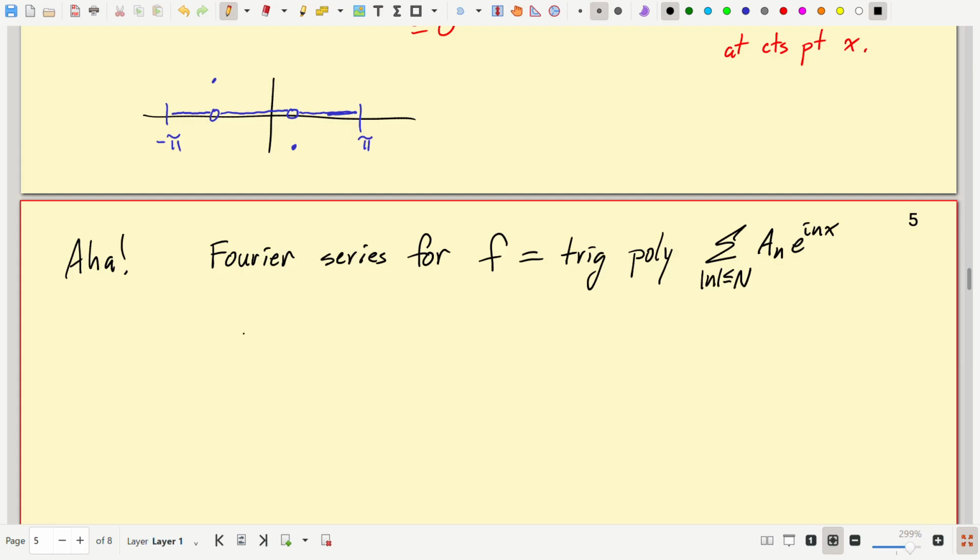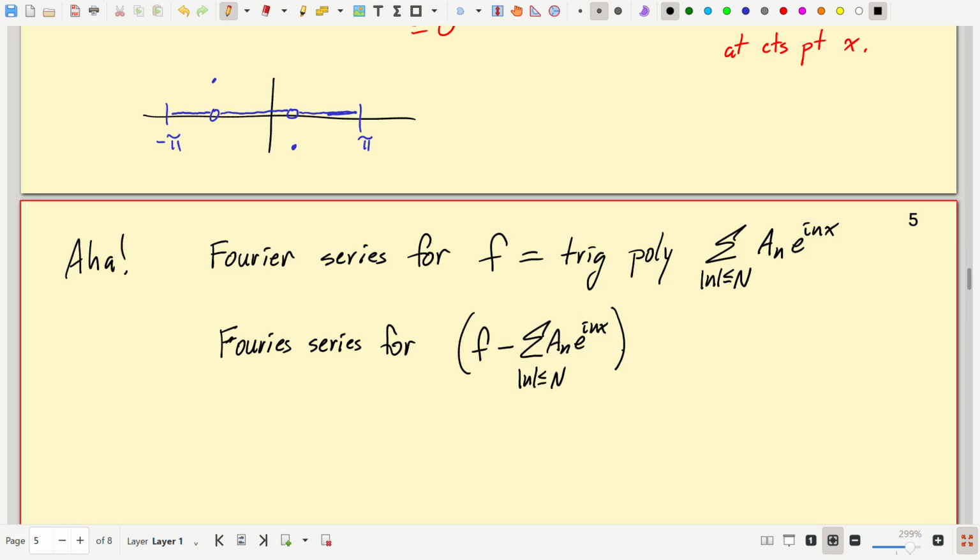This is the aha moment. The Fourier series for f minus that trig polynomial: remember, Fourier coefficients are linear.